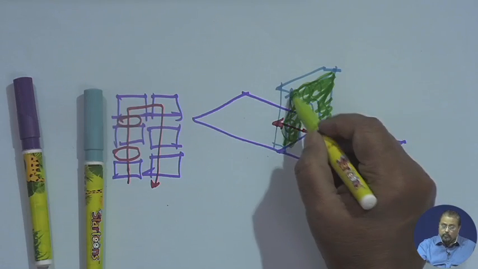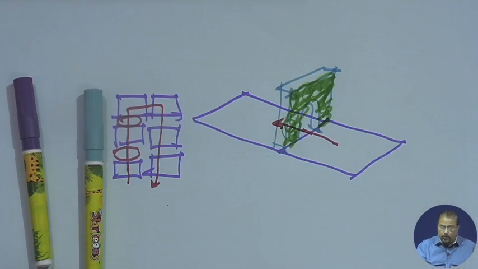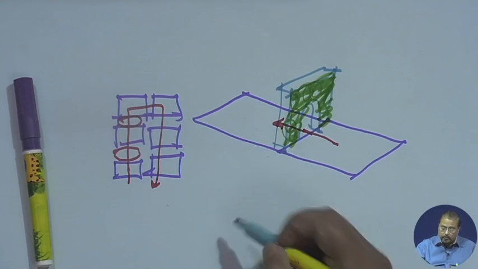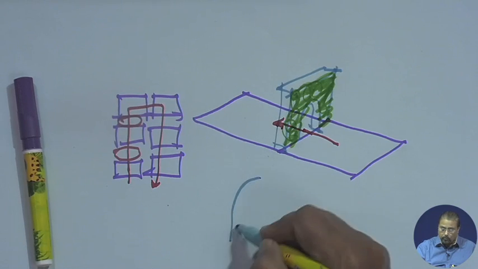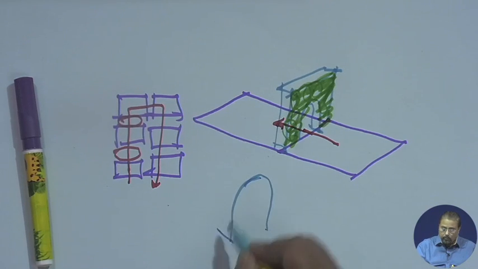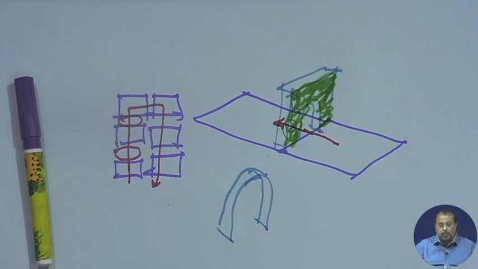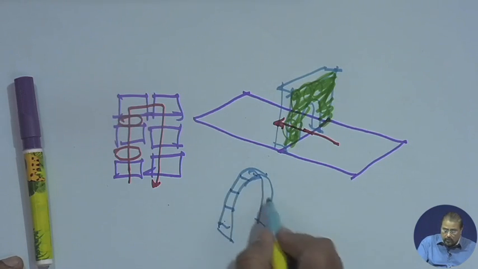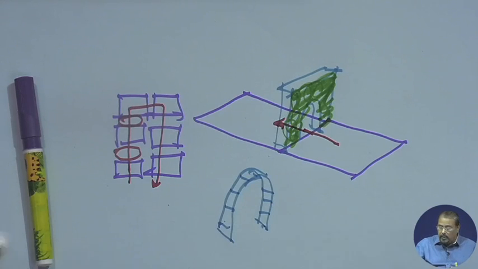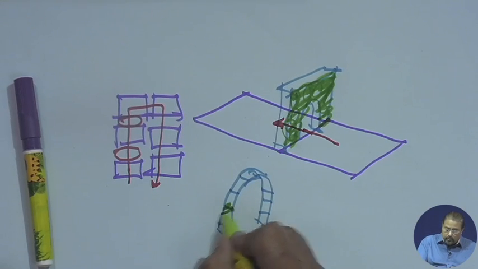If you want, instead of giving this kind of shape, if you give a shape like this, this is nothing but arbor or trellis. I have explained this earlier in terms of elements, and then you fill it up with vegetation.